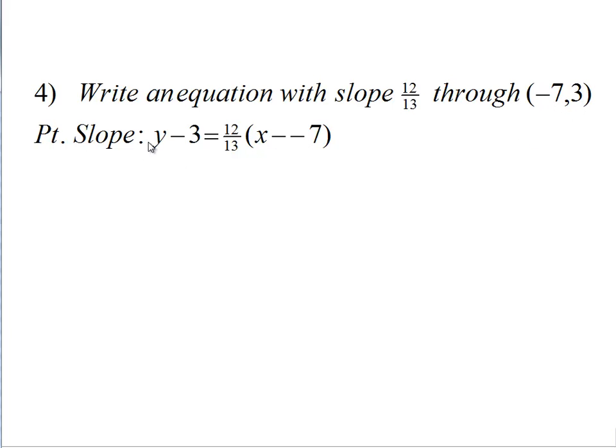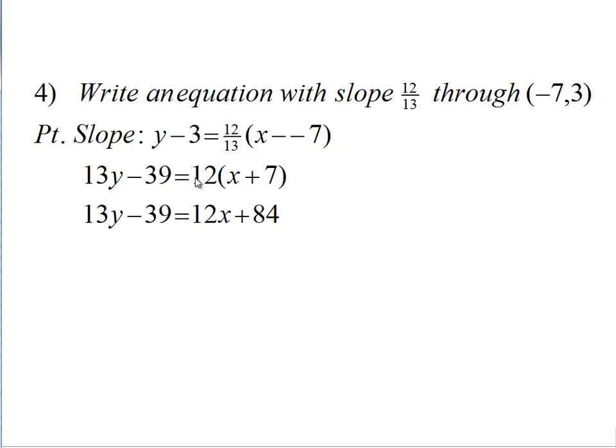So the point slope formula is always y minus y, and then your slope, then x minus x. Okay, when you get rid of this 13 by multiplying y by 13 gives you 13y. Multiply 3 times 13 gives you 39. And on this side, the 13 will cancel, and you'll have 12x, and 2 negatives make a plus. Okay, 12 times x is 12x. 12 times 7 is 84.